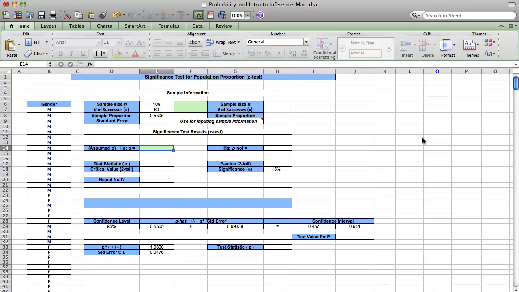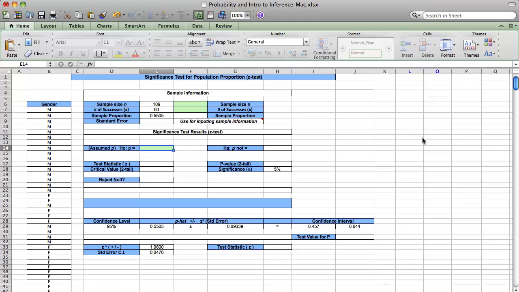Once I input a variable number and a success category, I'll see my sample information on the worksheet Z-test for proportion. And we could see that our sample of 109 cardholders has 60 women. The sample proportion p-hat is 0.5505.